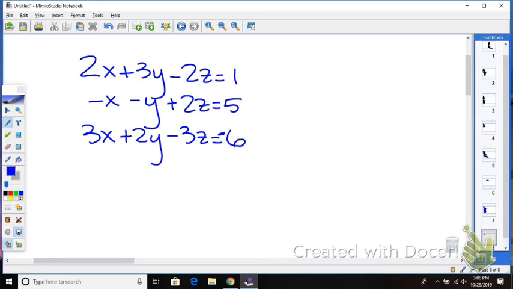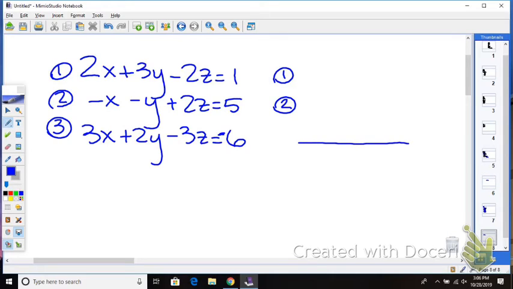Okay, as a class, let's decide. Do we want to get rid of x's, y's, or z's? Z's, okay? So we've got 1, 2, and 3. I want you to start with 1 and 2, and we're going to see what we get as a 4 together.